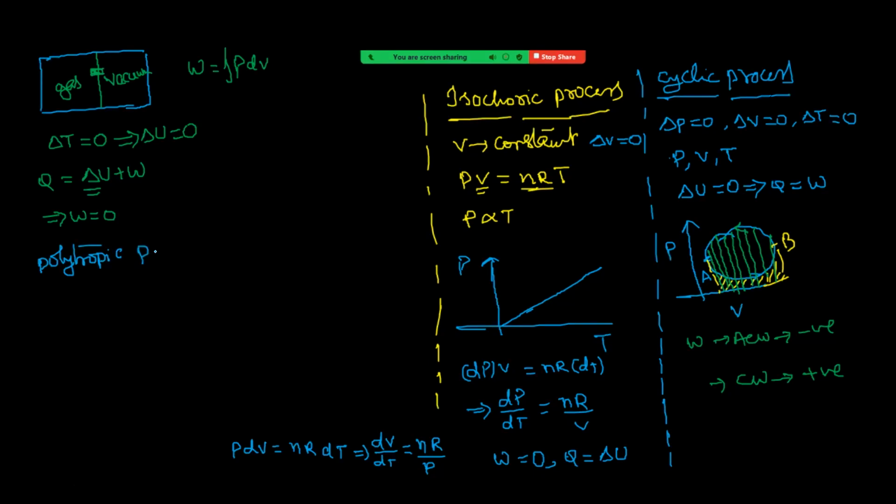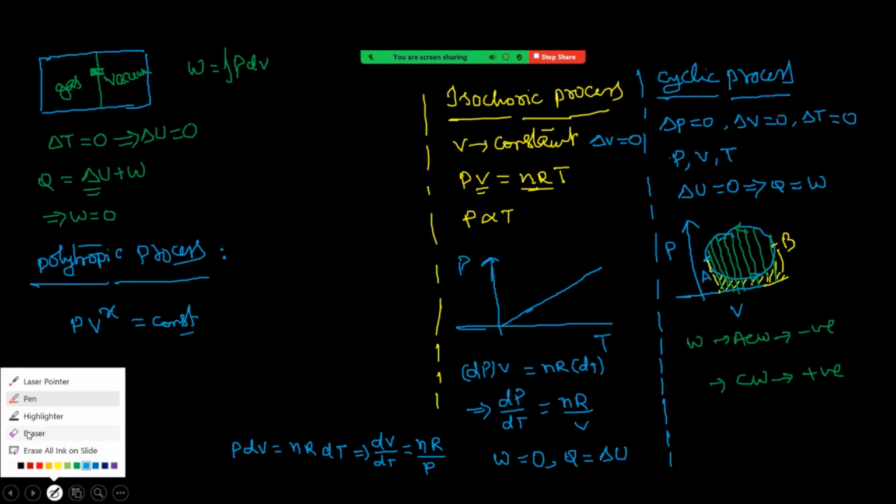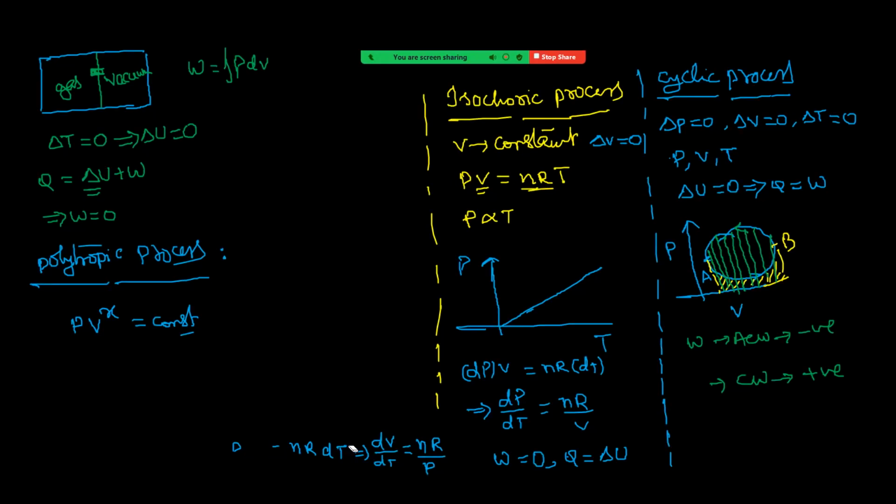For a polytropic process, we are taking the condition that PV power x equal to constant. If you observe, taking x value 1, that becomes PV equal to constant.